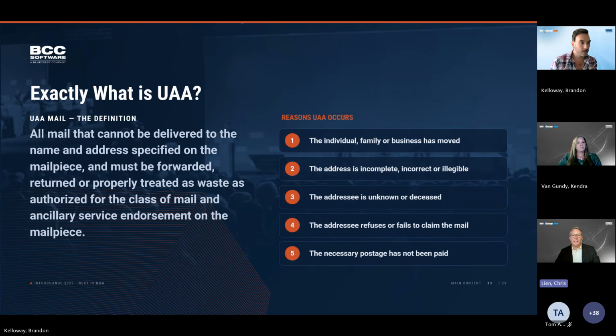One of the things, and Kendra, you and I were chatting about this, that I brought up at MTAC last week, because we were talking about UAA again, is that we've noticed there's a lot of addresses that look like they should have been delivered, but they're looping. It's called loop mail. It's just looping around in the Postal Service.